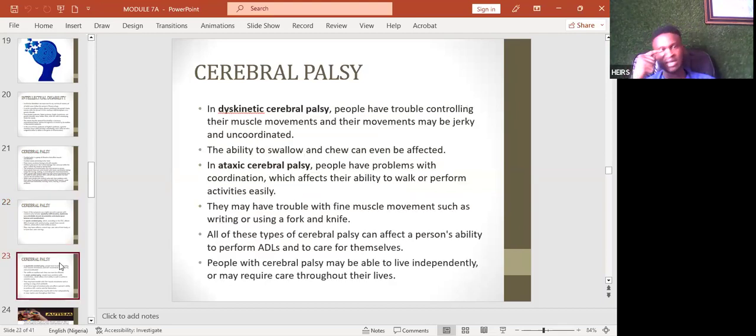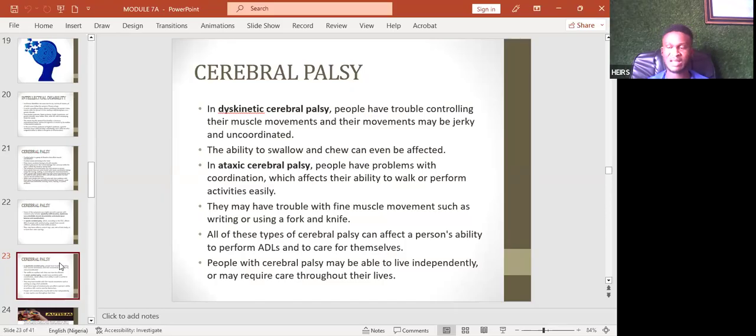In dyskinetic cerebral palsy, people have trouble controlling their muscles, and their movements may be jerky or uncoordinated. When they are walking, it looks as if they want to fall. It's not that they cannot control their muscles. Yes, they can relax, extend, and flex the muscles of the legs to move from one place to the other, but it is not coordinated.